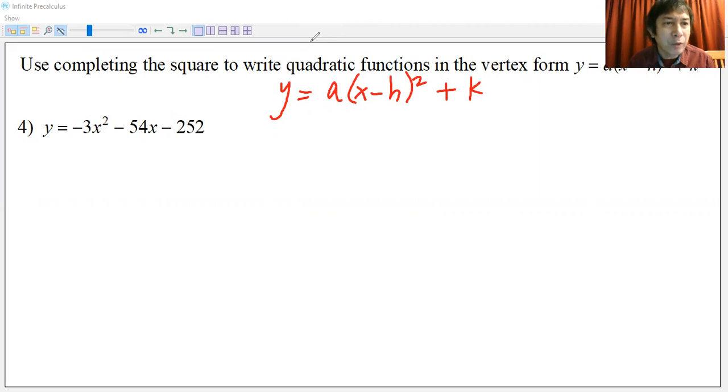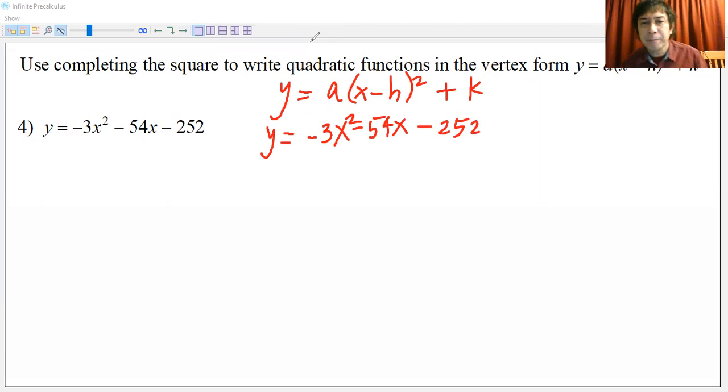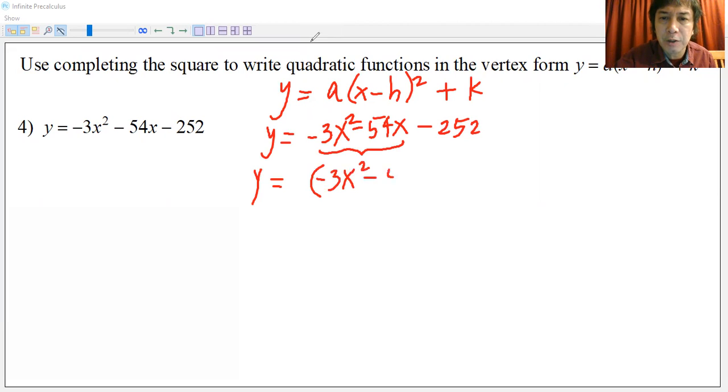So what do we have here? We have the given y is equal to negative 3x squared minus 54x minus 252. We shall make use of the first two terms, enclose them in parentheses, negative 3x squared minus 54x, and then put a space there.